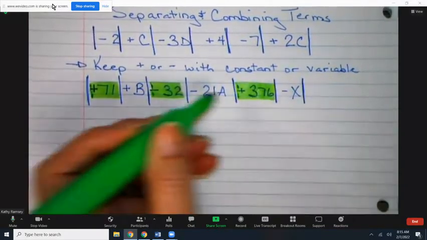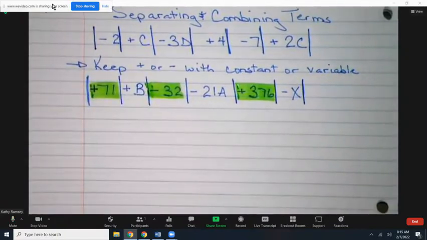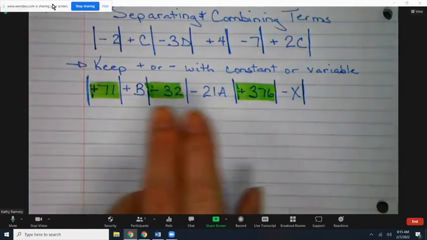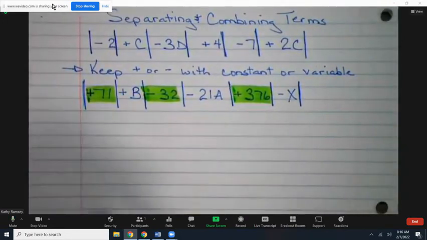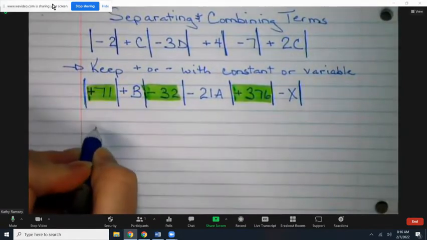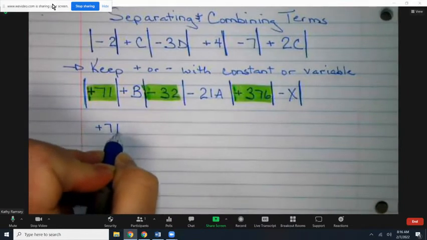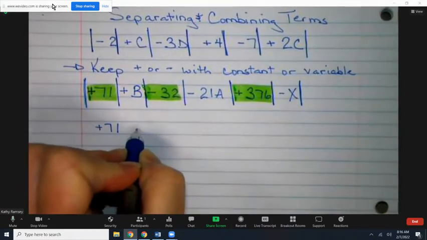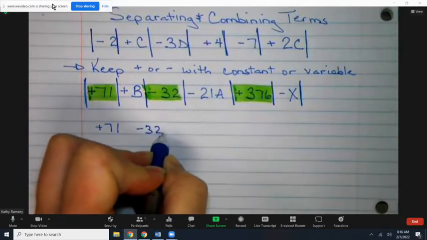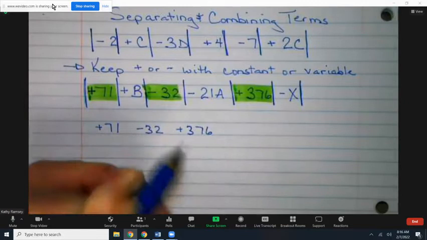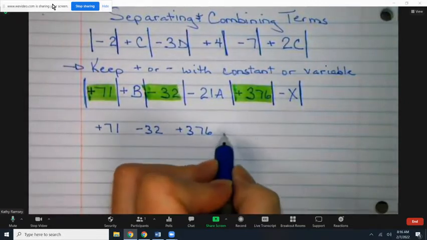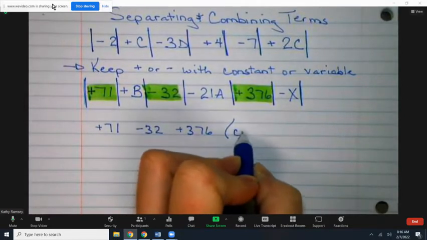And X is a variable, so we're not going to use that. So I'm just looking at the constants on this one. So I have positive 71. I have negative 32. And I have positive 376. Those are all my constants.